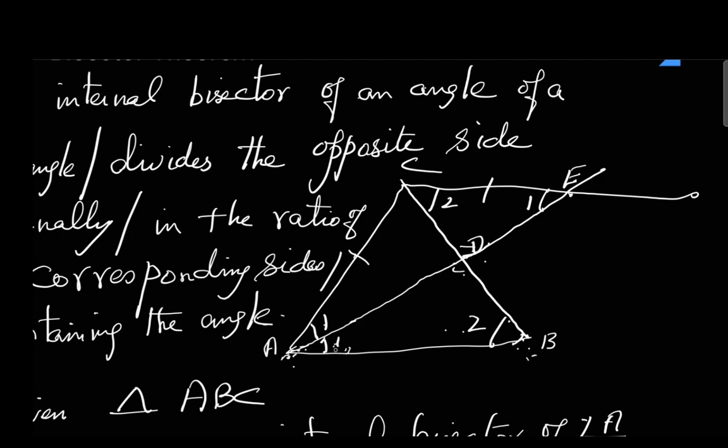How to name the triangle? Here 1 means A, here 1, here E. Then in this triangle we have B, here 2 we have C, and the remaining letter D. So these two triangles are similar triangles.